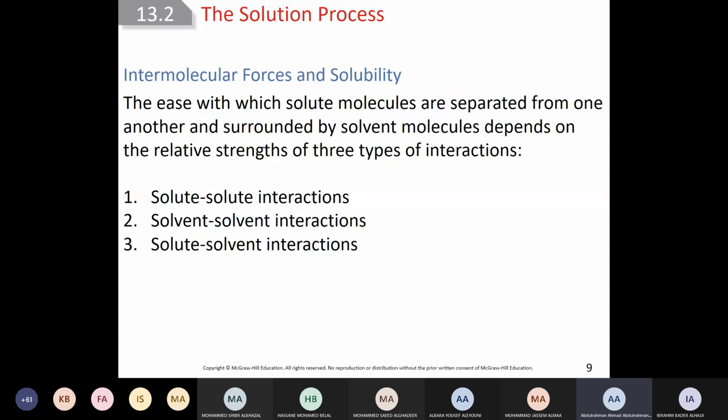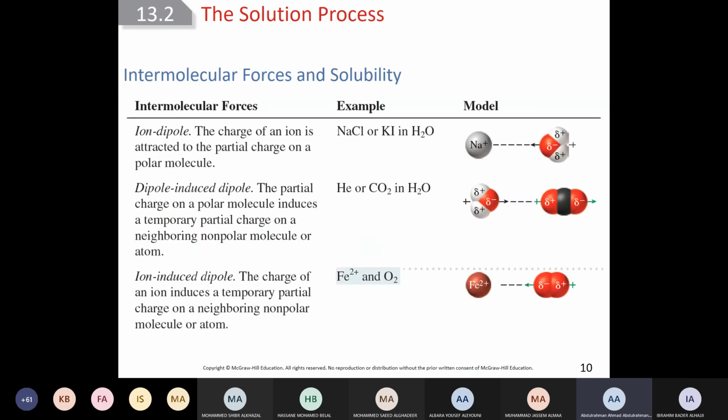Because of solute-solvent interaction. The main reason is actually the interaction between the ions and the dipole, or the dipole with the induced dipole, or the ion with the induced dipole.